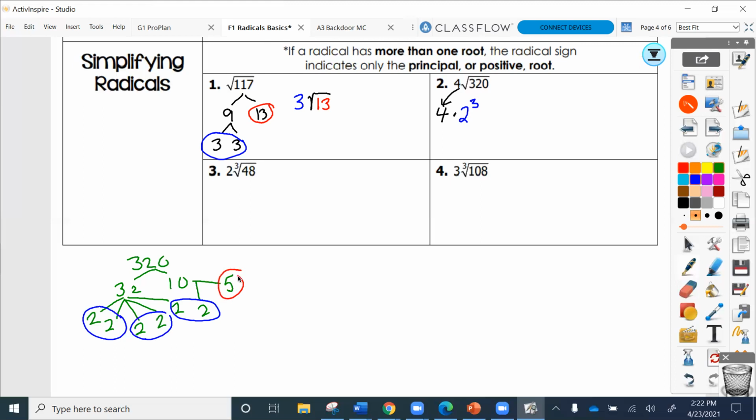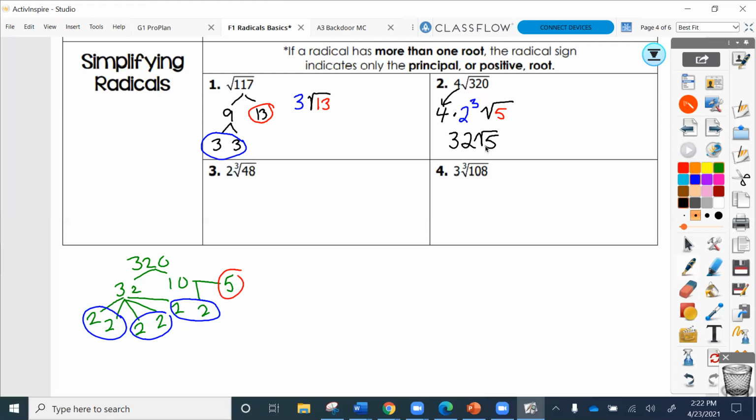So that's got to stay inside the radical. And then when we simplify that, we'll get 4 times 8, which is 32 on the outside. So we're just going to simplify this to get 32 root 5. So the idea here is to get all of the perfect square factors or any pairs out from underneath the radical sign.